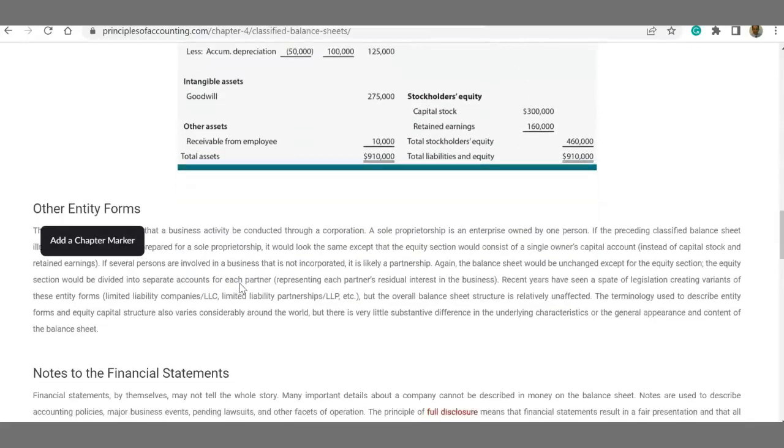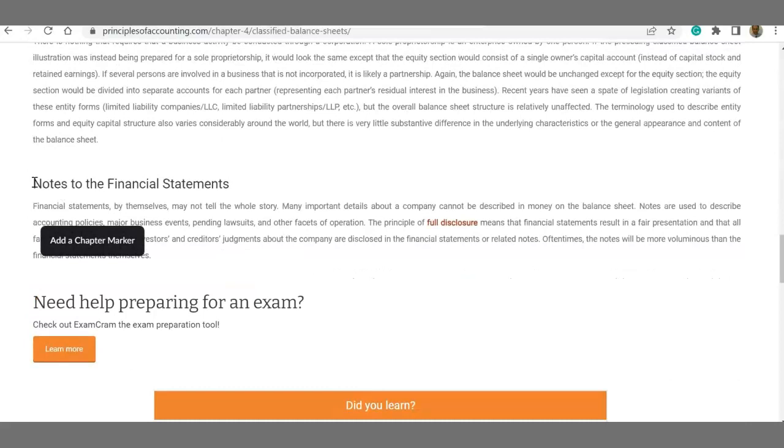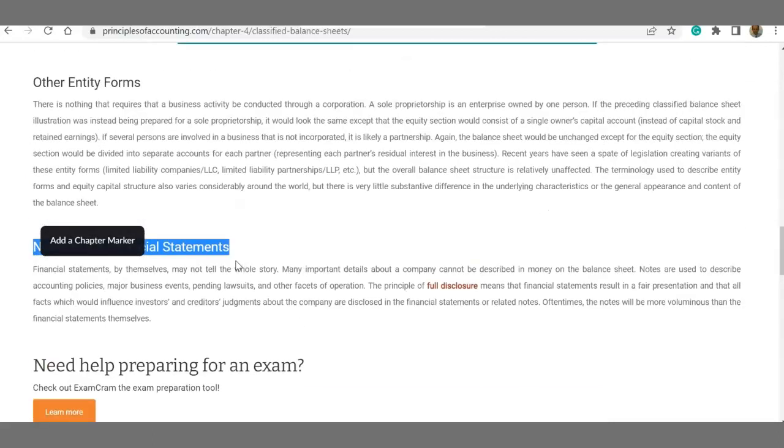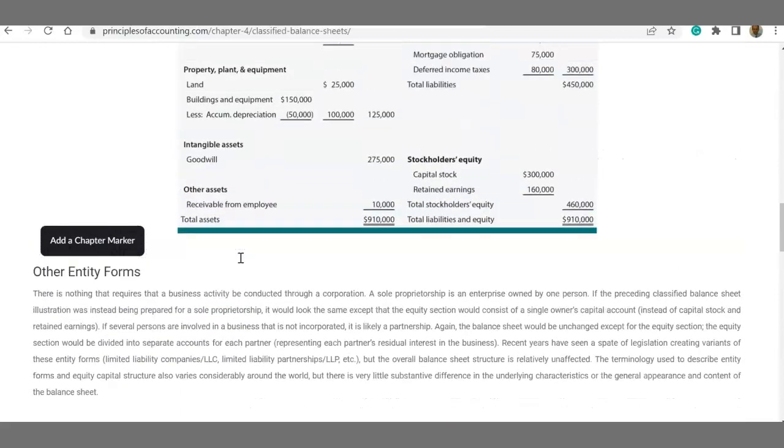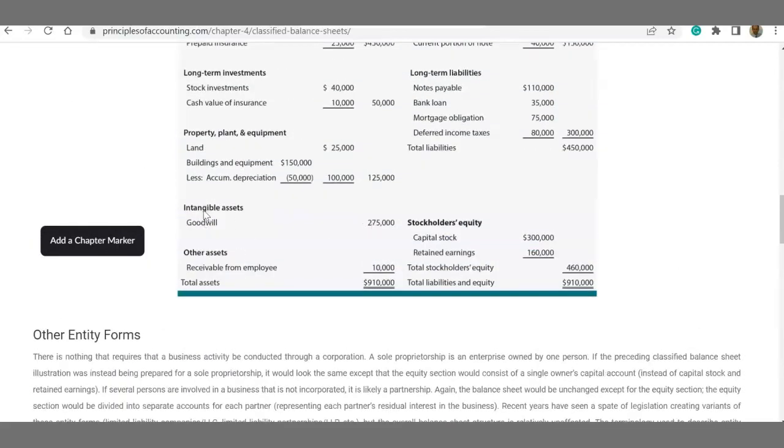And then if you go to the notes of financial statements, you go down all the way. At one point, you will see the intangible asset given to you, like $275,000, with all the detailed information in those notes. Make sense? So you have two options.